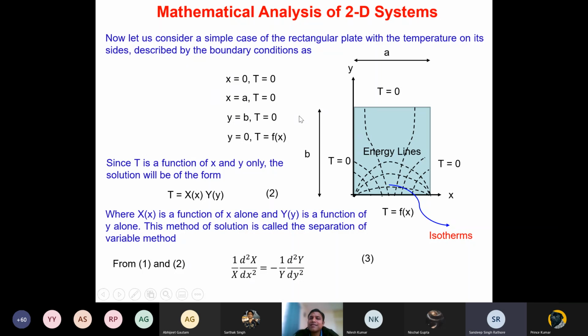Now the boundary conditions: at x equals 0, the temperature is 0. At x equals A, the temperature is again 0. At y equals B, the temperature is 0. And at y equals 0, the temperature T is f of x.